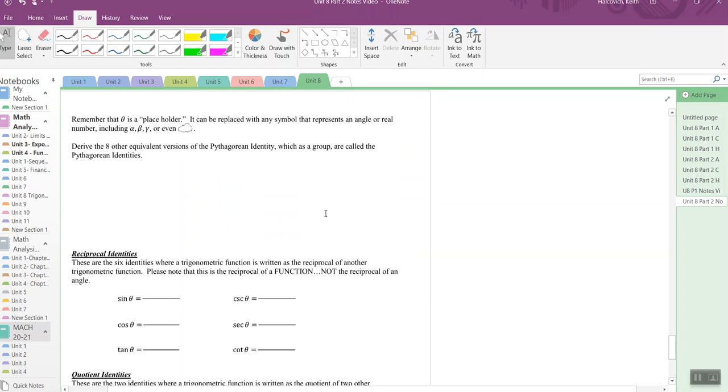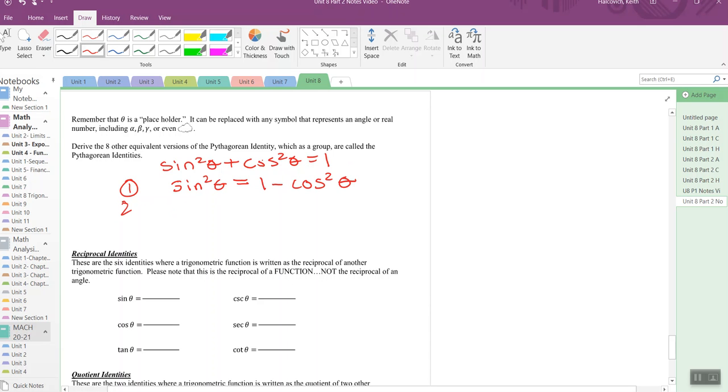So there are other versions of this. You can manipulate the equation of sine squared plus cosine squared equals 1. For example, the first one, you just move cosine over. So you get sine squared equals 1 minus cosine squared.